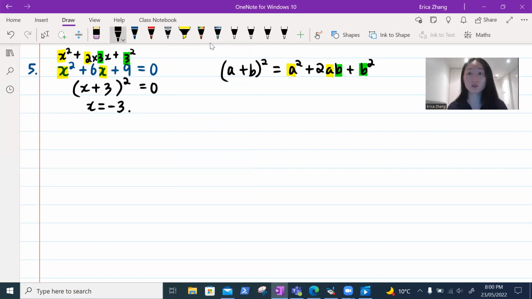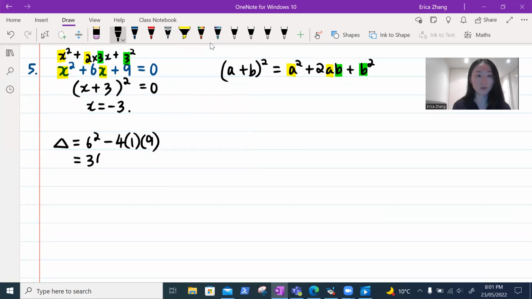Remember that we can check how many solutions we expect a quadratic equation to have by computing something known as the discriminant, which is equal to b squared minus 4ac, where b is the coefficient of x, a is the coefficient of x squared, which is always 1 in monic quadratic trinomials, and c is the constant term. So in this case, the discriminant is equal to 6 squared minus 4 times 1 times 9.